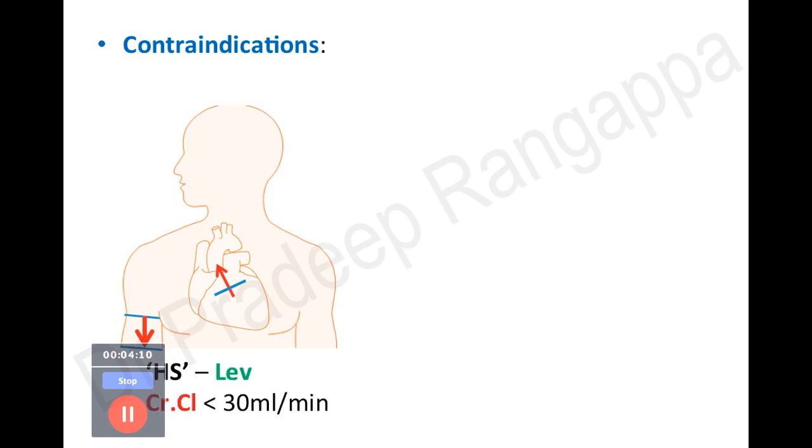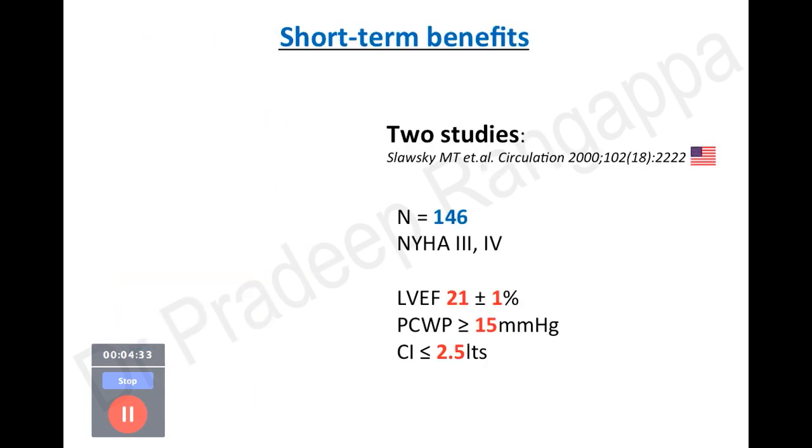Hypersensitivity to levosimendan, or a creatinine clearance less than 30 ml per minute, also becomes a relative contraindication. When we are using levosimendan, as you know, the potassium tends to come down, so it is advisable to monitor potassium, and since we use levosimendan in the ICU setting, there should be continuous ECG monitoring.